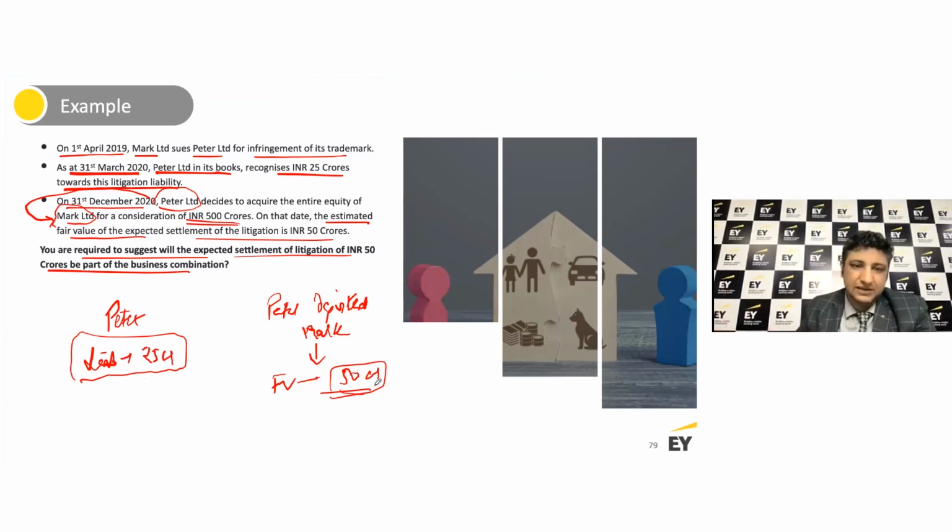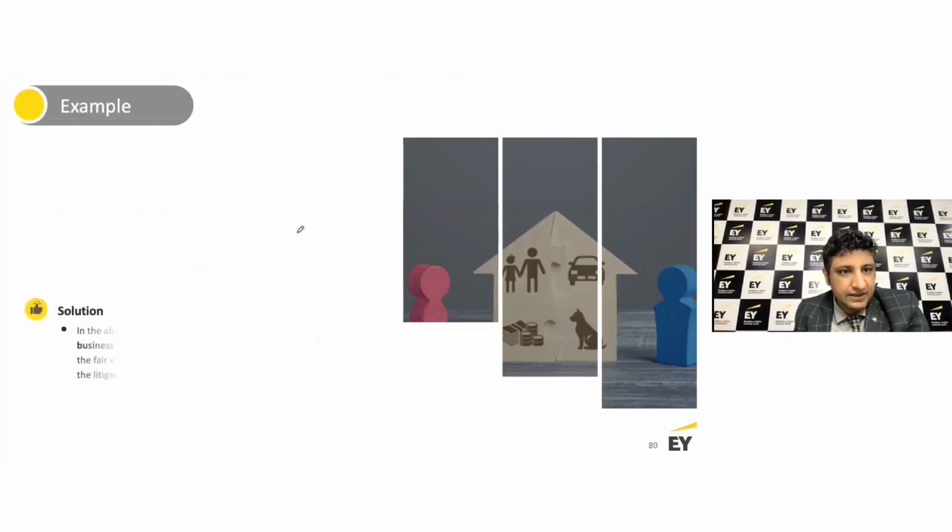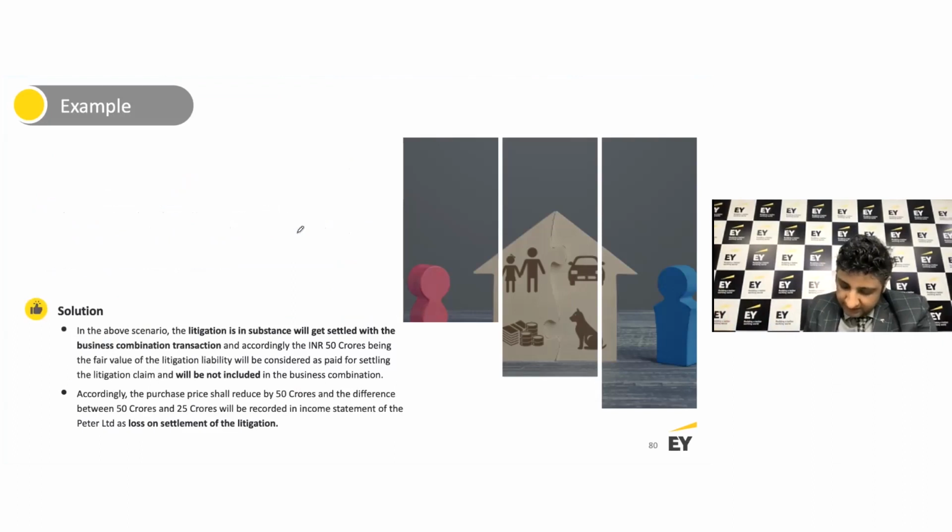I'm not saying that it is a loss in that context, but the value of that litigation has compounded from 25 crores to 50 crore rupees. And that has to be assessed at the date of acquisition. So this is resulting in recognition of a higher liability when you're looking at the acquisition of the other business, and accordingly, that needs to be brought into consideration.